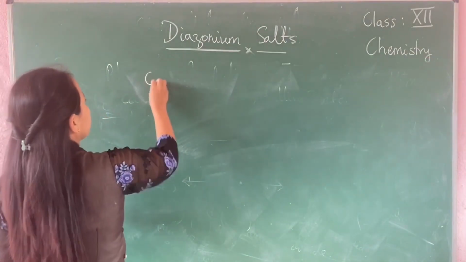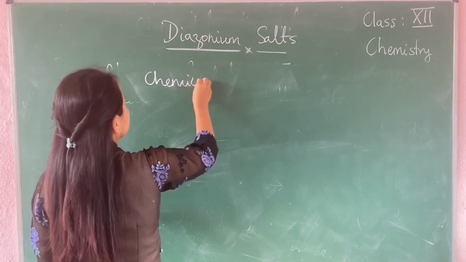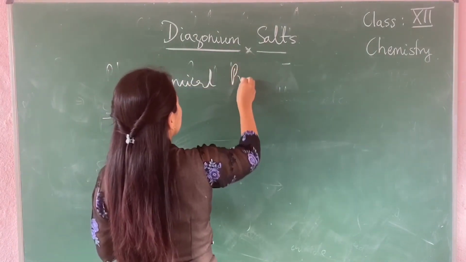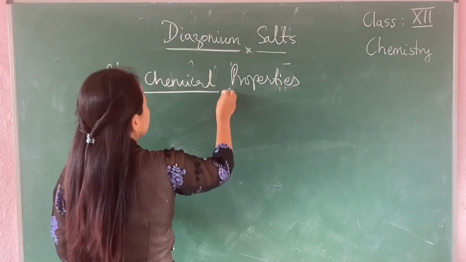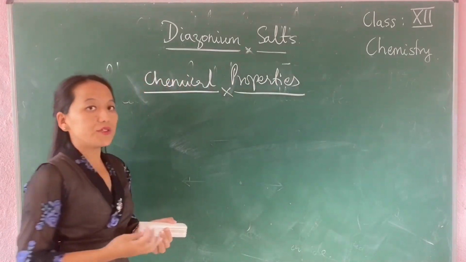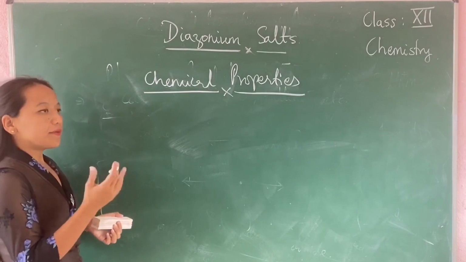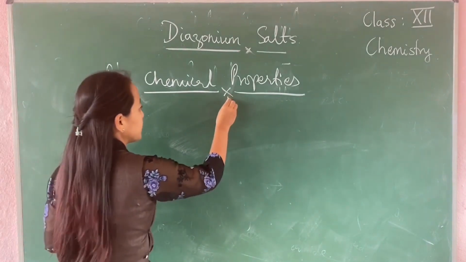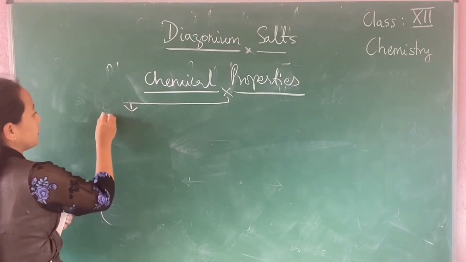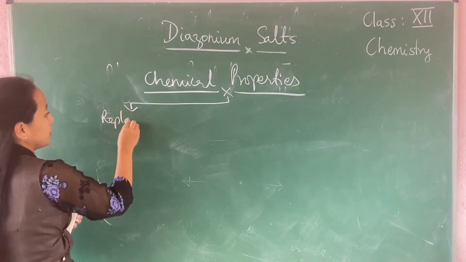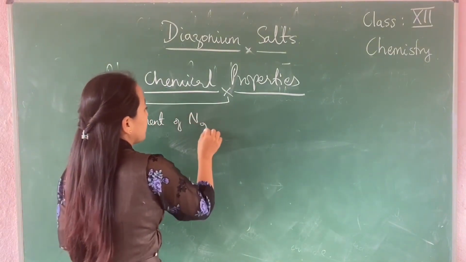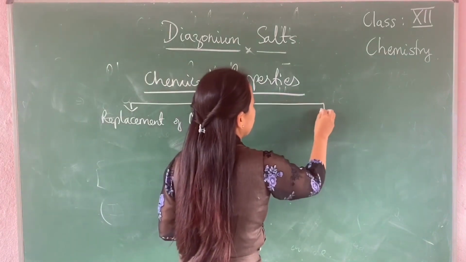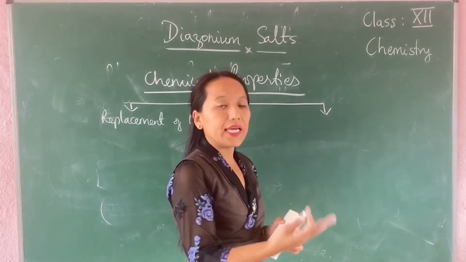Okay, now coming to the chemical properties of diazonium salts, which is important. Now, chemical properties can be of two types. The one which involves replacement of N2 molecule, replacement of N2, and there's another type of chemical reaction where you're going to retain the N2 in the product.